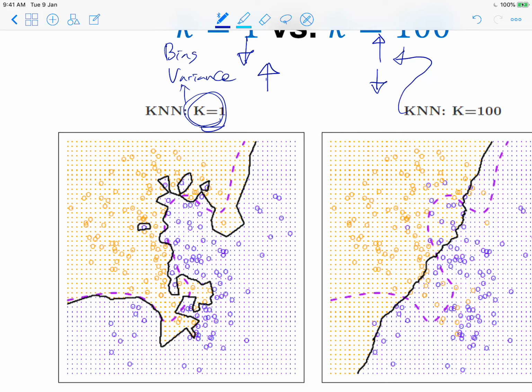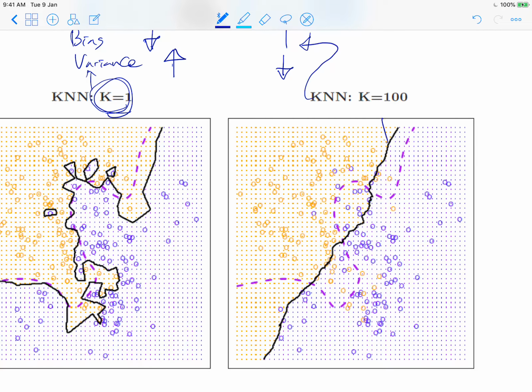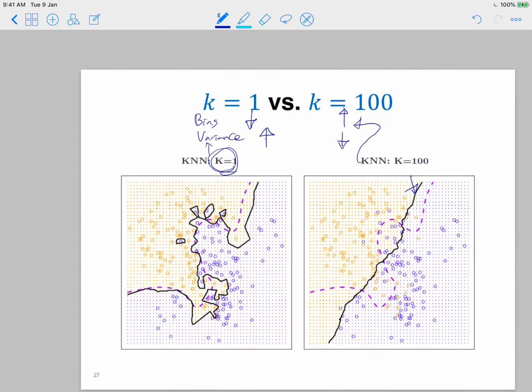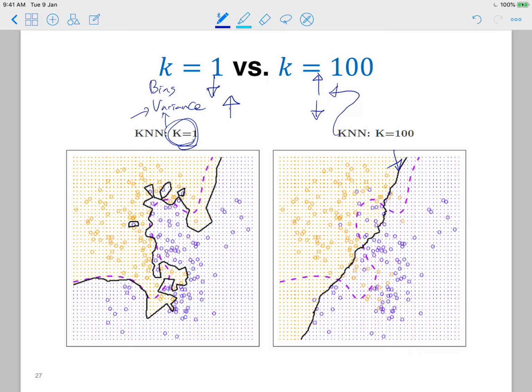This decision boundary becomes much simpler than the true classification boundary. And in this other case, compared to the true boundary, the boundary learned from the k-nearest neighbor classifier becomes more complicated, right? So this is overly complicated, due to high variance of our model and low bias.